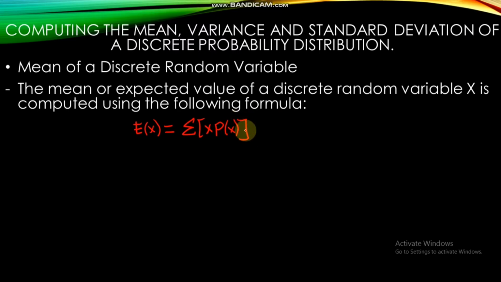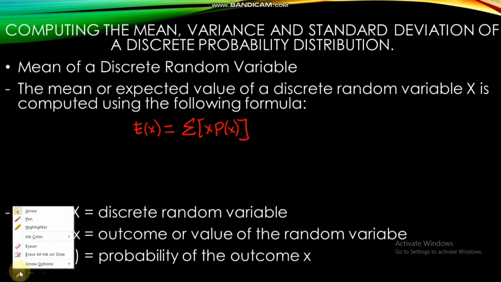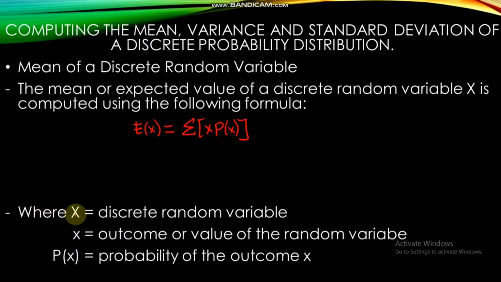Okay, that is the formula in finding the mean of a discrete random variable, where x is a discrete random variable and x is the outcome or the value of the random variable, and p of x is the probability of the outcome x.